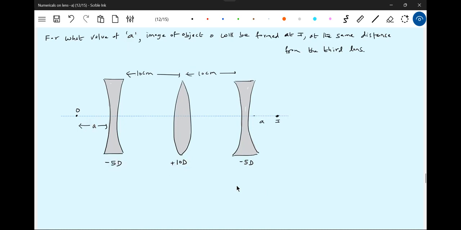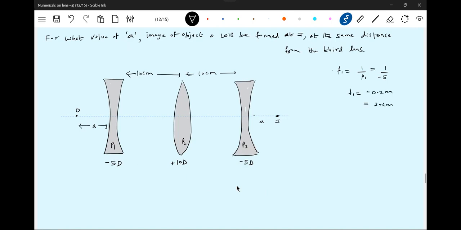Power of a lens. This will be P1, P2, P3. Diverging lens has negative power, converging lens has positive power. So what is P1? P1 should be equal to 1 by F1, which is minus 5, so this becomes 0.2 meter.